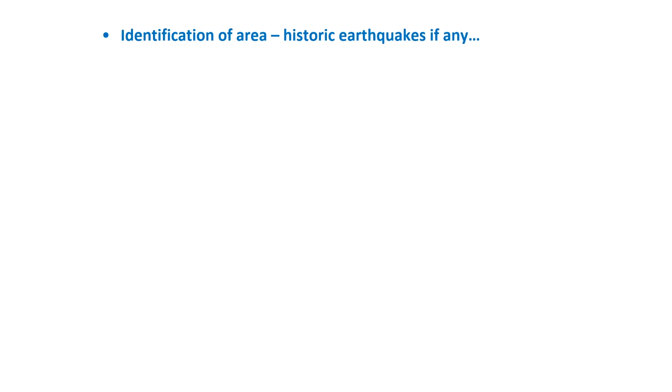Now, identification of the area. Since we are going to deal with earthquakes only, it is always ideal and suggested that you look for literature and historical data which have recorded, in written records, historical earthquakes.